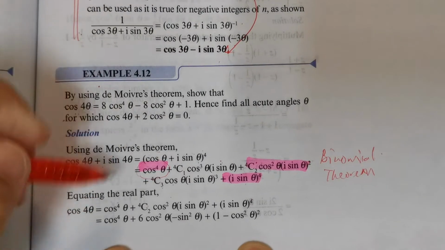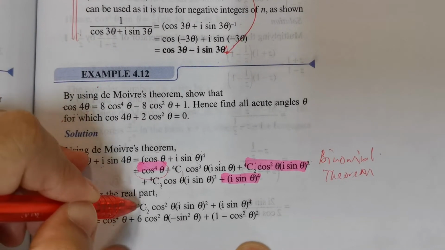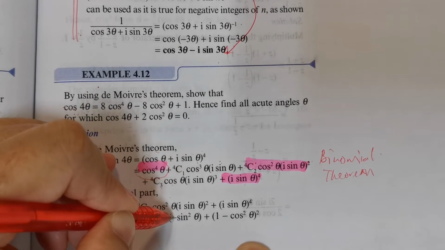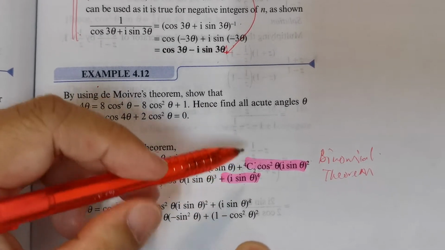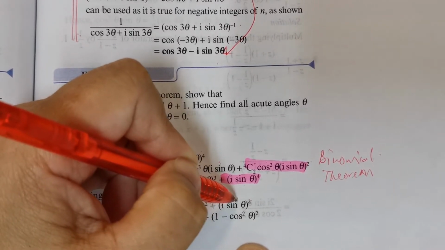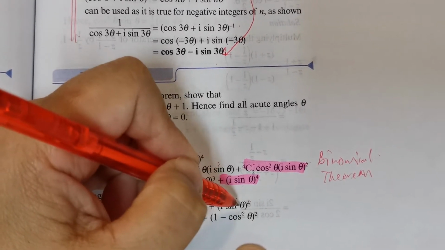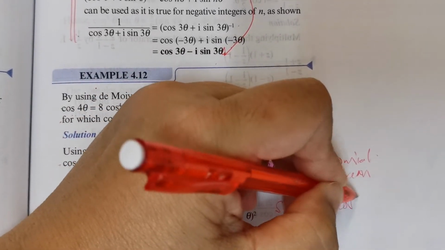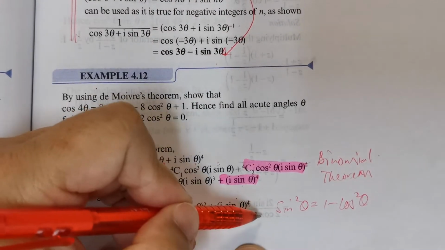After that, this one we copy. 4C2 is 6. I square is minus 1. This one is sine power 4, sine square, sine power 4. So they are using the concept sine square theta equals 1 minus cos square theta, and with power square, so power 4.